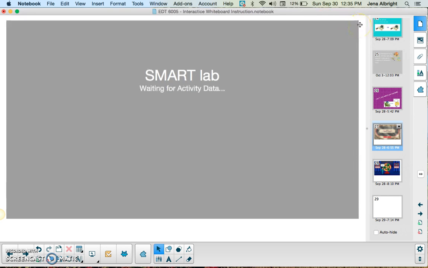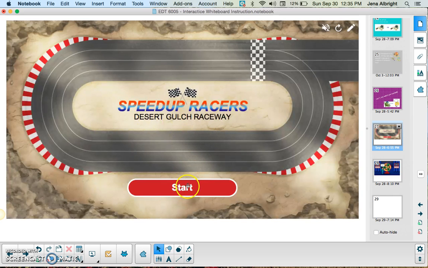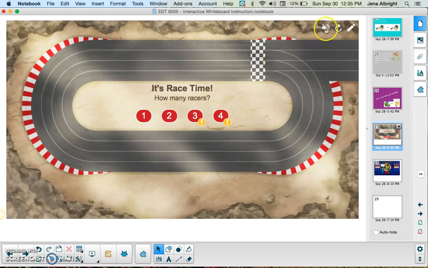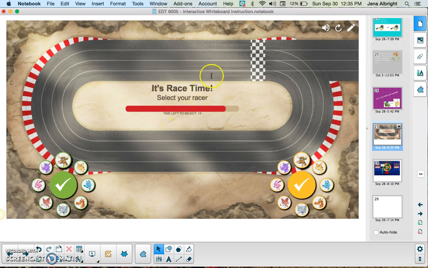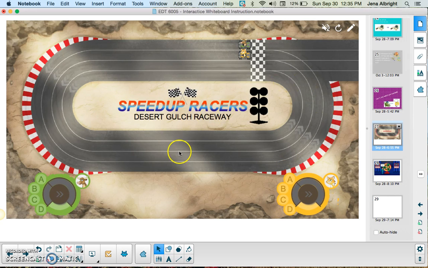The first post-assessment allows students to race one another. This also has sound. Let's say we're working with one other person. We can choose our character, and we answer the problems as we go through.